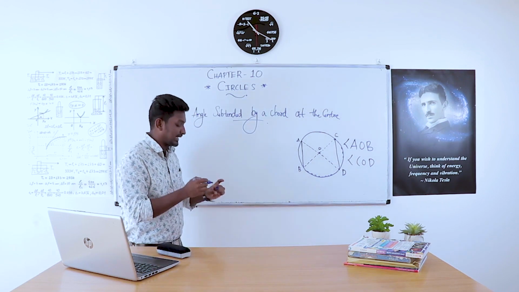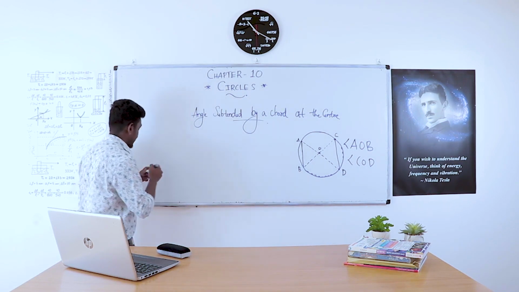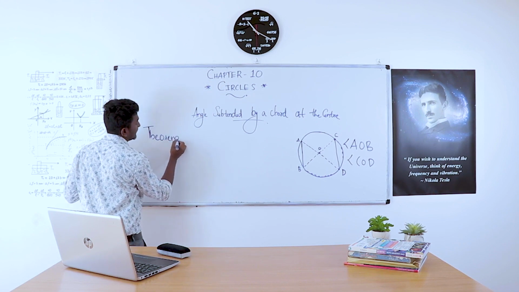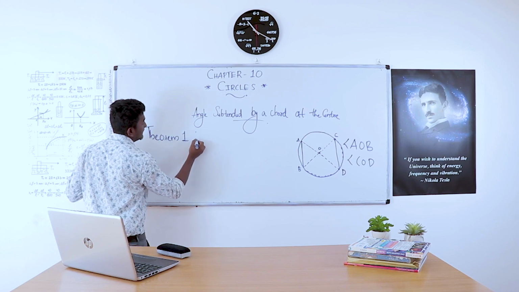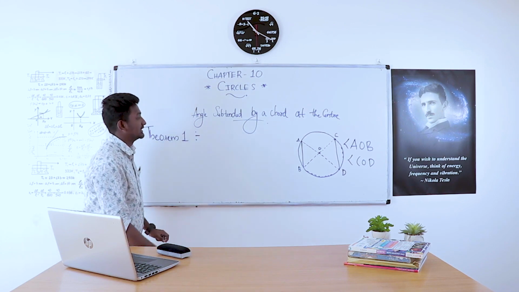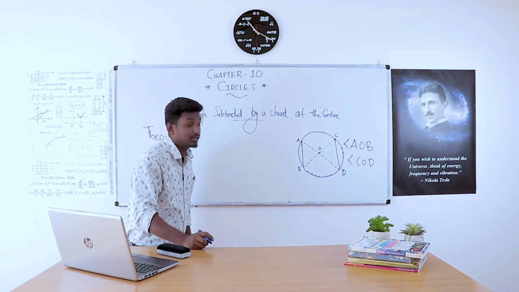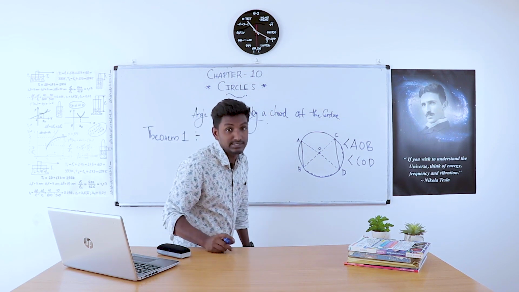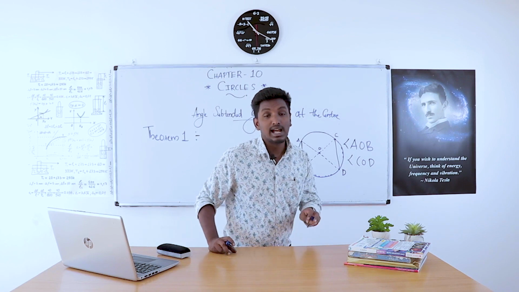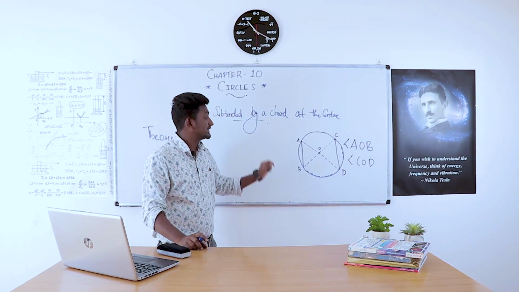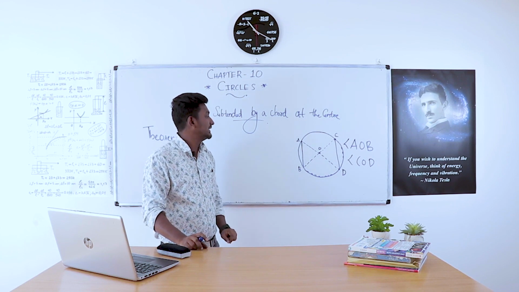Now moving to the theorem. The theorem is theorem number 1. Just note it in your book. Theorem number 1, the first theorem in this chapter, circles, states that equal chords subtend equal angles at the center. Equal chords of a circle subtend equal angles at the center.